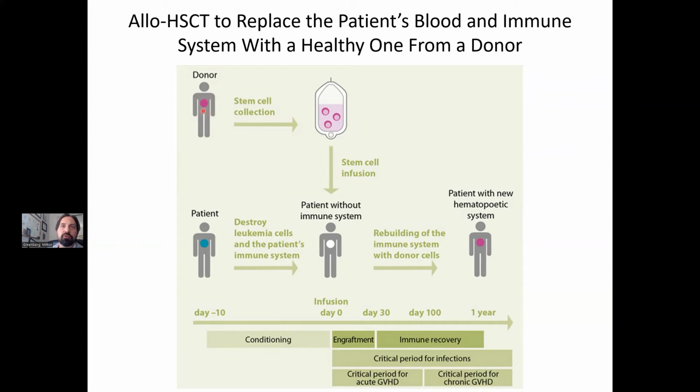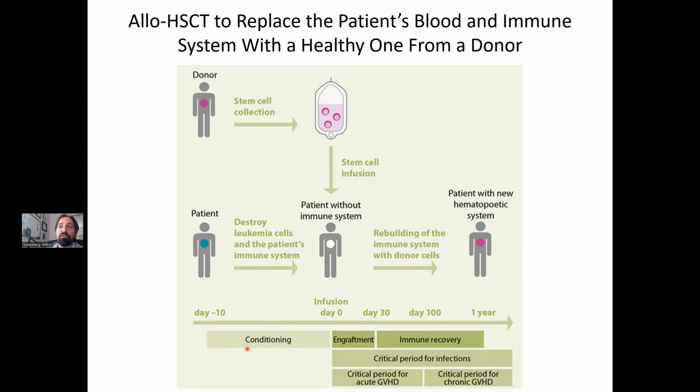These are stem cells derived from the bone marrow where the stem cell populations reside. You'd get a stem cell infusion, and over time those stem cells would grow and repopulate the patient with a new hemopoietic system. They'd have new bone marrow cells, new red blood cells, new white blood cells, new platelets derived from that donor. And that's good, again, because they had mutations in their original bone marrow.